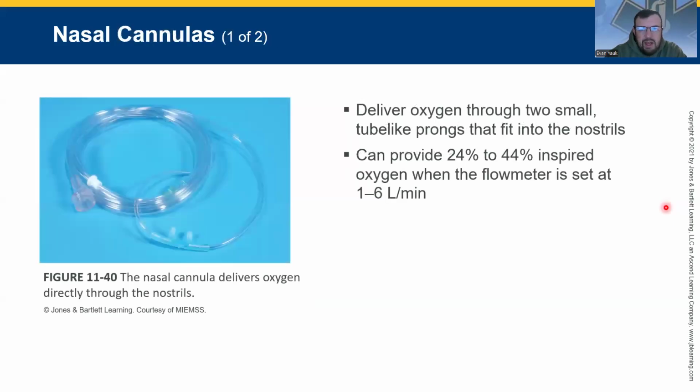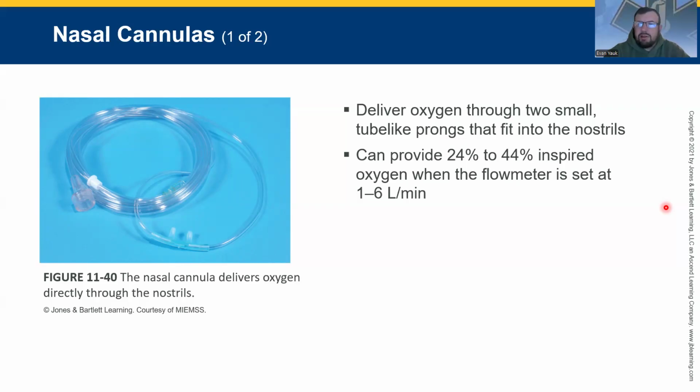Nasal cannulas deliver oxygen through two small tube-like prongs that fit into the nostrils and can provide 24 to 44% inspired oxygen when the flow meter is set at 1 to 6. So I'll step back for a minute. Right now, you and me are breathing at 21% oxygen.